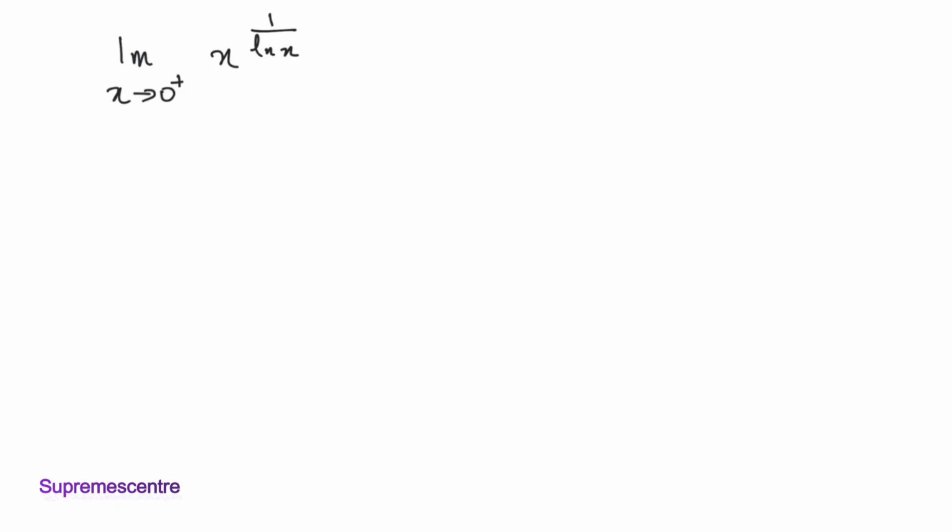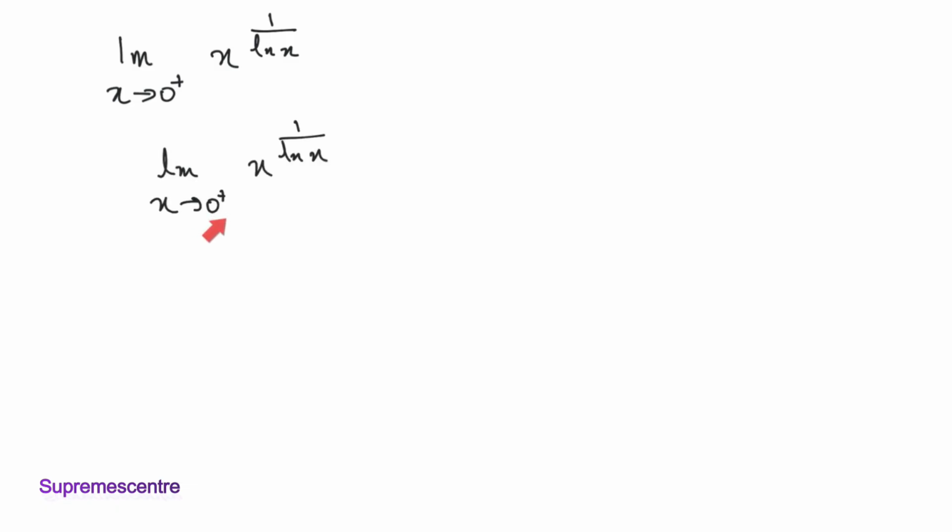There are still other limits in the form of 0 power 0 that can have any other value. Now if we see limit x tends to 0 plus x raised to the power of 1 by ln x. So now let us solve this. So we have limit x tends to 0 plus x power 1 by ln x.